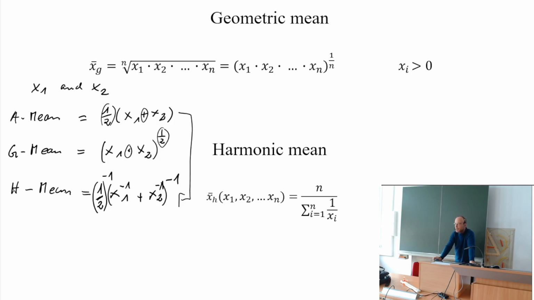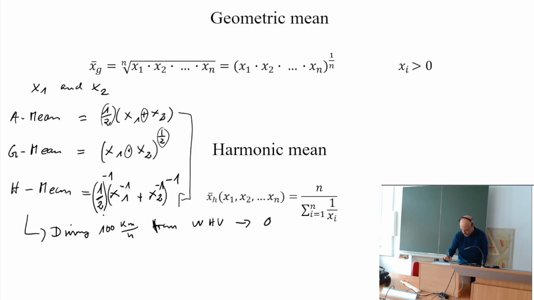Well, and sometimes, if you want to average something, then you have to take the harmonic mean. For example, driving with 100 kilometers per hour from Wilhelmshaven to Oldenburg.